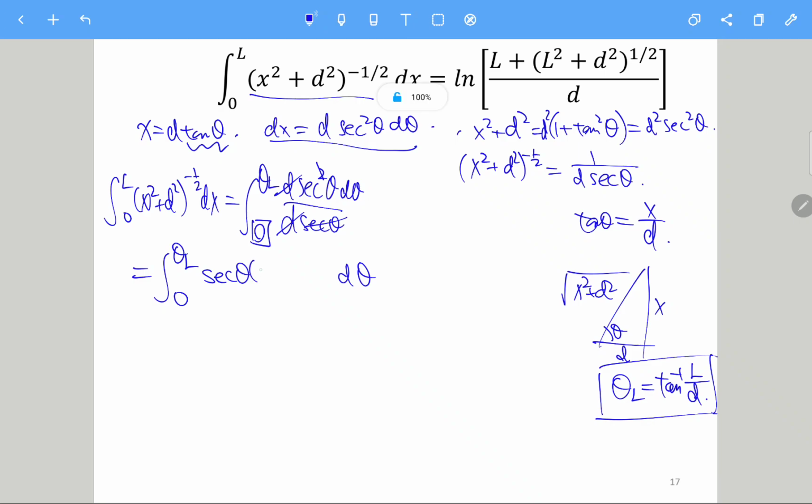So we can multiply it by tangent theta plus secant theta in the denominator and the numerator.